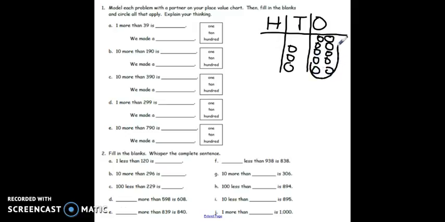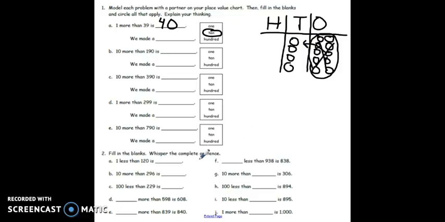So I can circle my 10 ones, bring them over, and make a new 10. So 1 more than 39 is 40. If I look at my chart, we made another 10 because we used our ones to make a 10. So I'm going to circle 10.